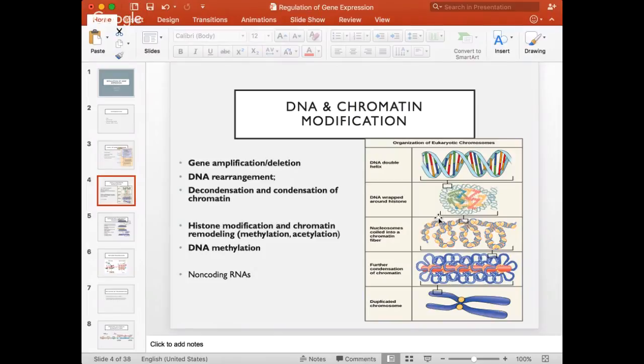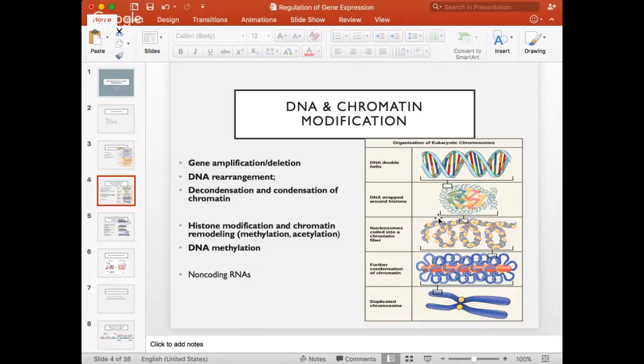The chromosomes are made up of chromatins, and these chromatins are basically condensed nucleosomes, and nucleosomes are basically histones and DNA. So the DNA is wrapped around histones to get nucleosomes, and then when you further condense the nucleosomes, you get chromatins, and these chromatins make up the chromosomes.